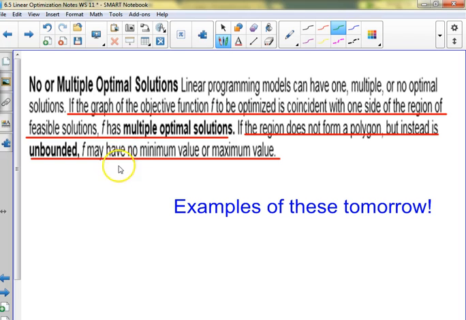All right. Linear programming models can have one, multiple, or no optimal solution. If the graph of the objective function to be optimized coincides with one side of the region, then anything on that line would work.